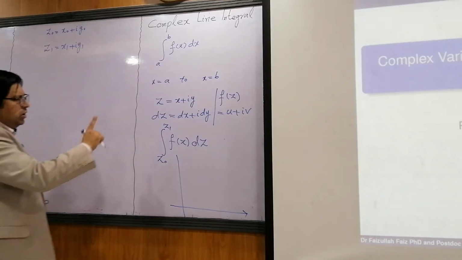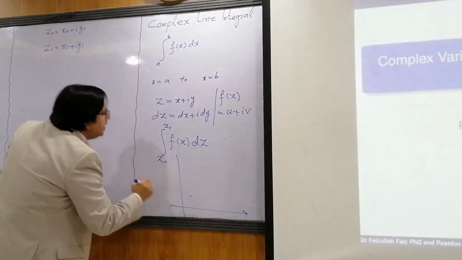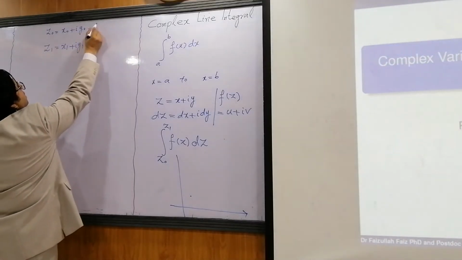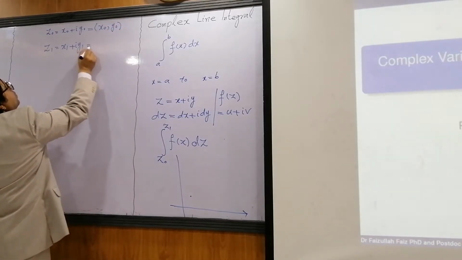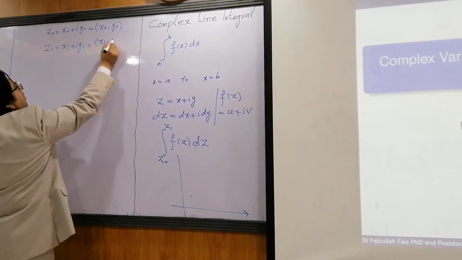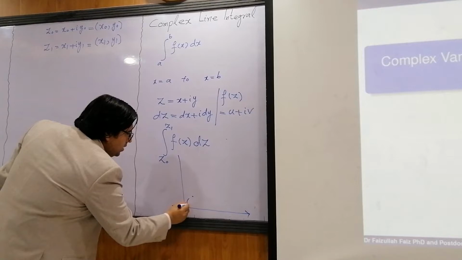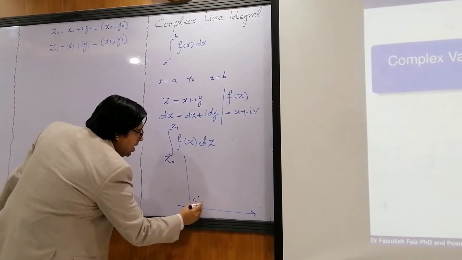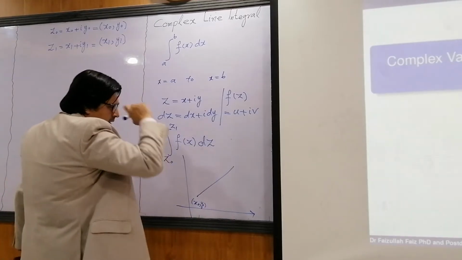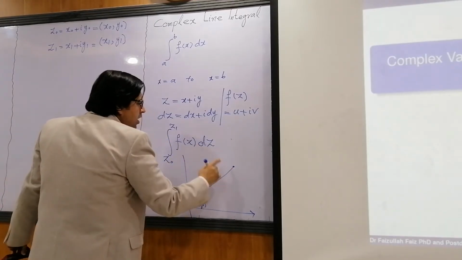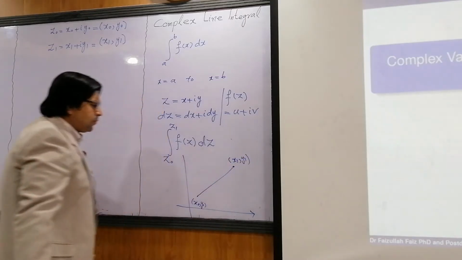So these are actually 2 points in the complex plane. I can also write them as x0 comma y0, and x1 comma y1. Let us say this is our point x0 comma y0, and I have another point here, which is z1, which is x1 comma y1.